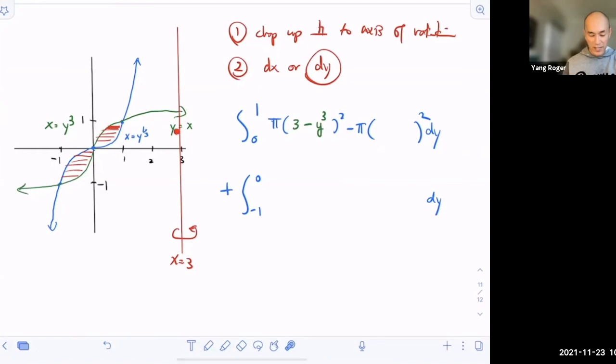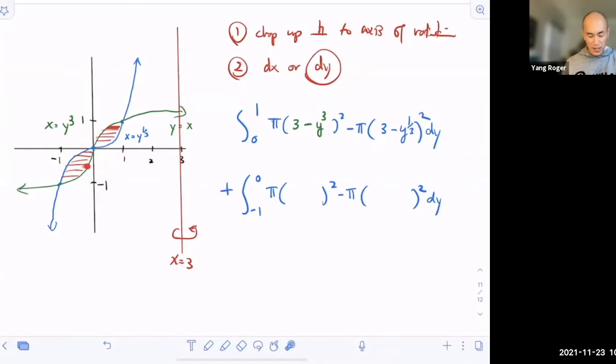Then R small would be the distance from the red line to the blue curve. And that red line is 3, and that blue curve is y to the 1/3. We want to do the same thing for this next one, but the roles of big and small get interchanged. So R big in this case is going to be the distance from the red line to the blue curve.